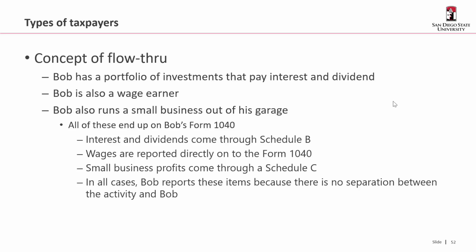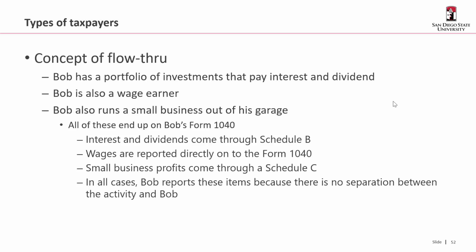So let's think about the concept of a flow-through entity. So let's say Bob has a portfolio of investments that pay interest and dividends. Bob is also a wage earner, and Bob's a busy guy. He also runs a small business out of his garage. Now, all of these are generating some form of income, which means all of these need to end up somehow on Bob's 1040.